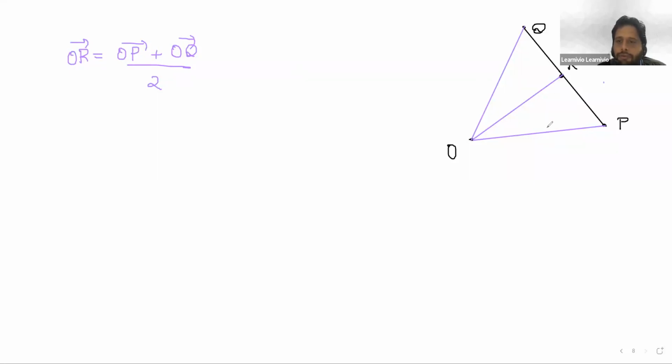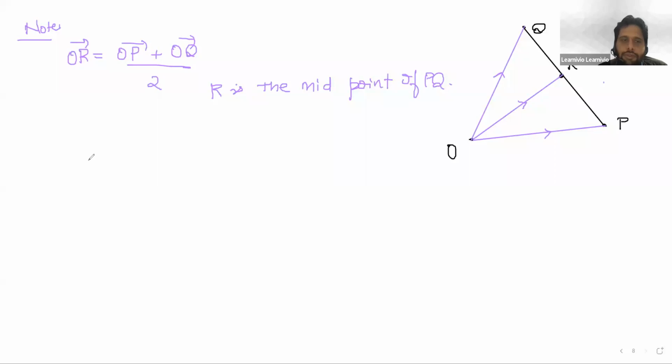Anyone have a problem here? There's a midpoint formula. R is the midpoint of PQ, note this. So we'll say OR is equal to OP plus OQ by 2.